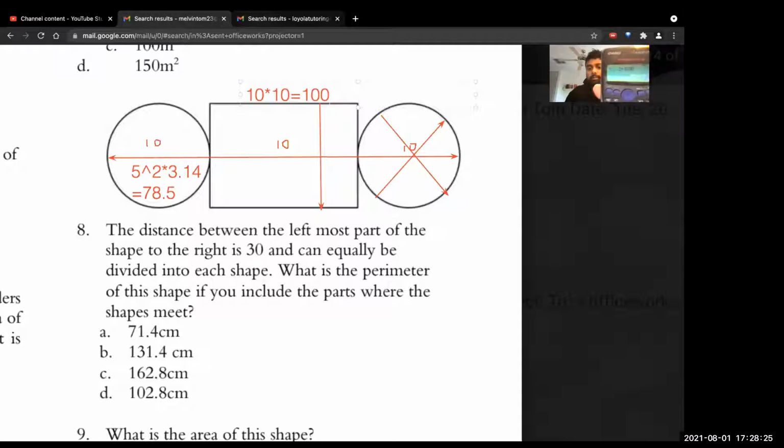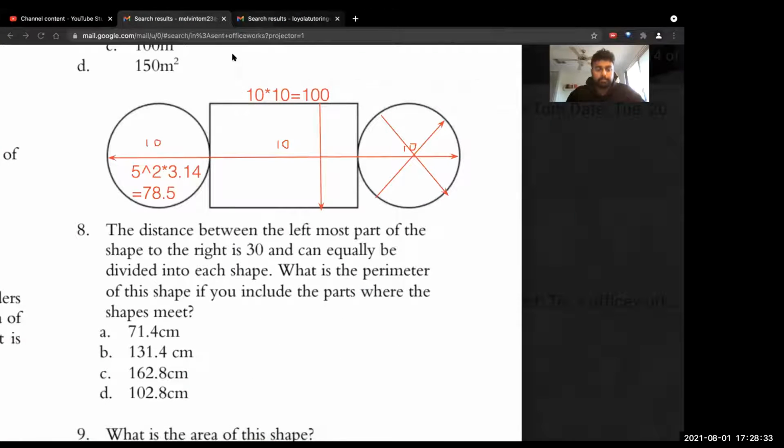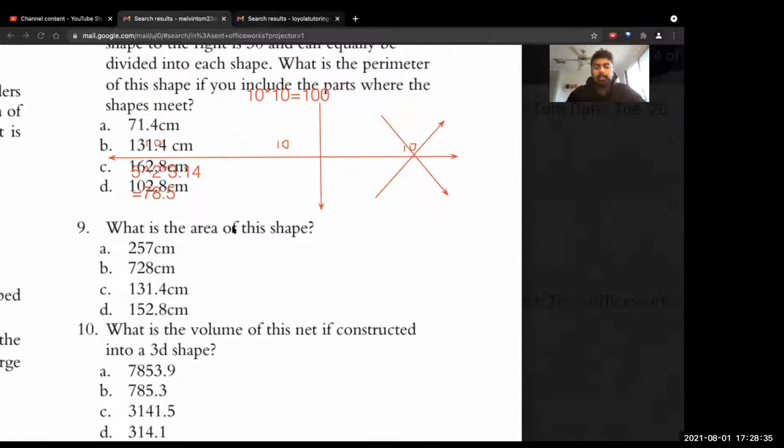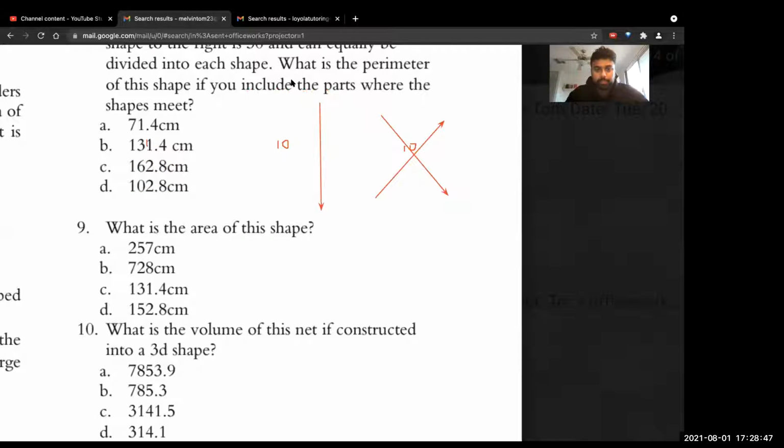What's the area equal to? 257. Okay guys, as I said before, once you know what the answer is, it's given to you. It doesn't count if you say the answer. Yes, 257.